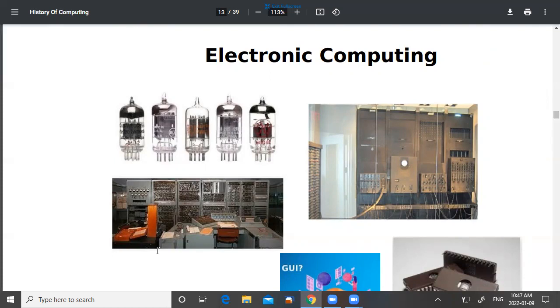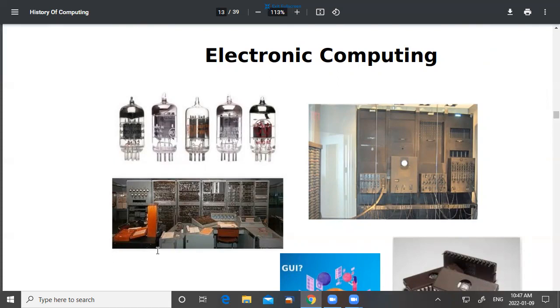Whereas our integrated circuits don't burn out. Each one of these is like one gate. Integrated circuits came after transistors, but in a transistor you've got one circuit, whereas in an integrated circuit you can have millions, billions of circuits.